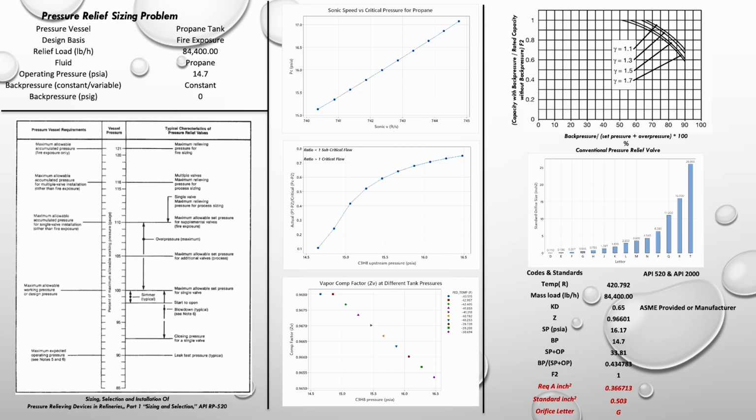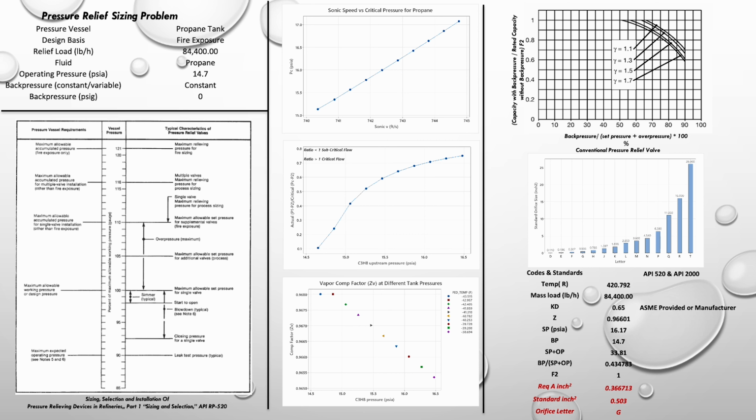So if you have a back pressure that you did not account for, versus the rated capacity back pressure, like you assumed it's atmosphere, and now the capacity with the back pressure ends up being less than 1, you're going to have to account for that inefficiency.